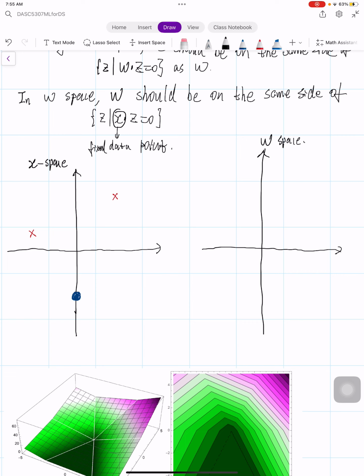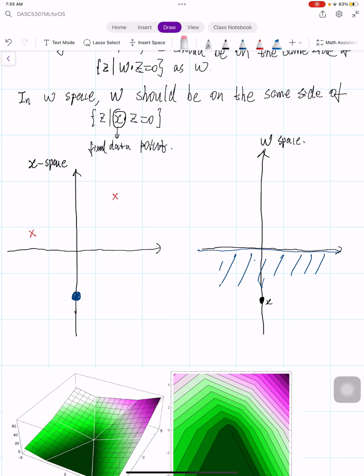Suppose now we want to correctly classify this point x. This corresponds to a normal vector in x space, so this is x here. What is the set of omegas that can correctly classify this point? Actually, all the points below this decision boundary, which is perpendicular to this x, can correctly classify the point.